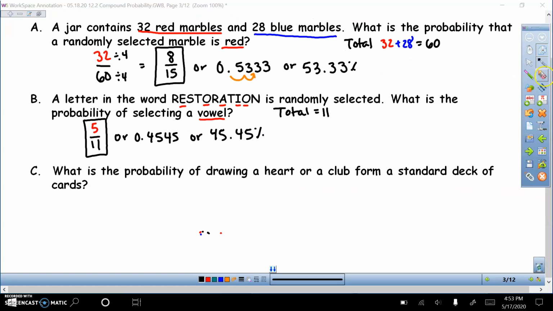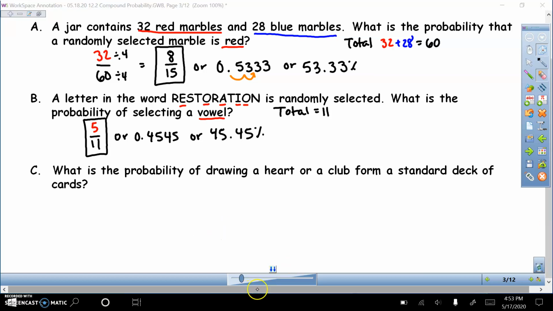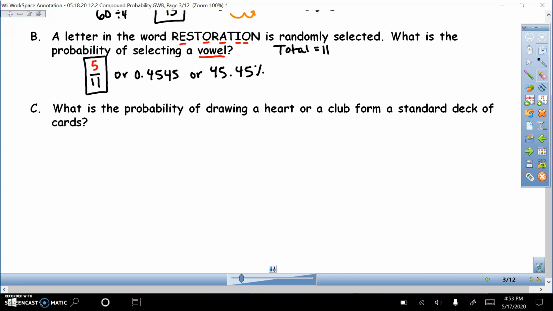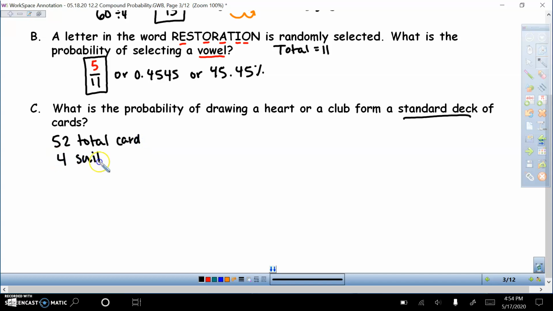Last example, what is the probability of drawing a heart or a club from a standard deck of cards? So let's just really quickly break down what a standard deck of cards entails. There are 52 total cards in a deck. And in a deck, you have 4 suits. Of those suits, you have 13 hearts. These are red cards.